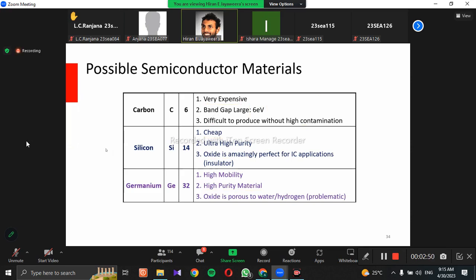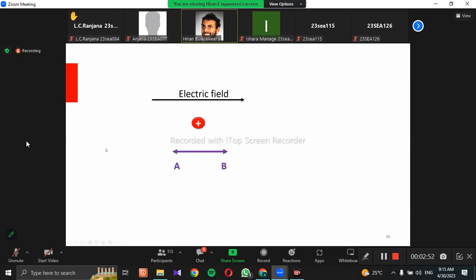Right. So moving towards the next section. Now, let's suppose you have an electric field which is towards your right. Now let's say in this electric field we have a positively charged particle. My question is, what happens to this positively charged particle in this electric field?